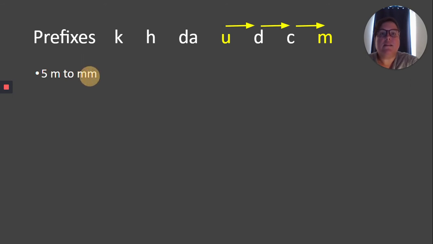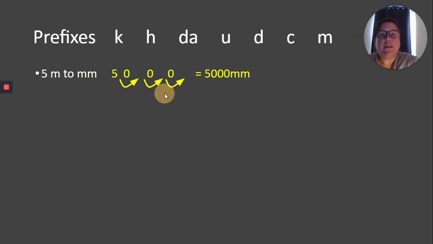Once, twice, 3 places. So 3 letters over means we're going to move the decimal 3 places, and we're going to the right because the M is to the right of the U. So we would take our decimal and we would move it once, twice, 3 times. Because there's no numbers here, we're just going to fill those in with zeros, and 5 meters is 5,000 millimeters.